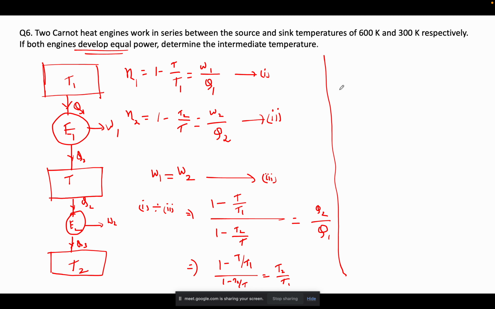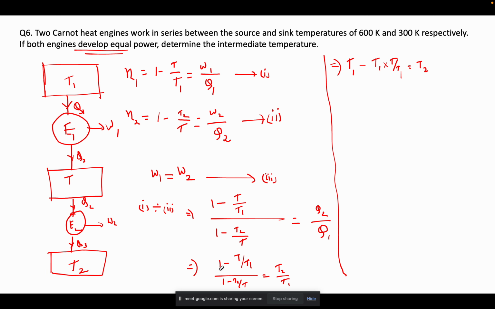So now just have to cross multiply it. So this will be T1 minus T1 into T by T1, and that will be equal to Q2 by Q1.